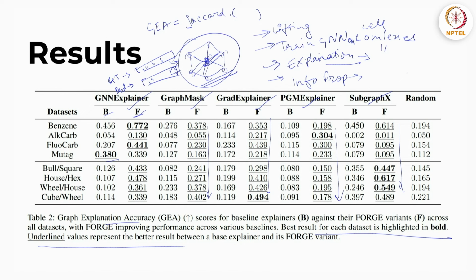So all we do is we take pred intersection ground truth over pred union ground truth. In very basic terms, this is GEA. You can look up Jaccard score for more details.